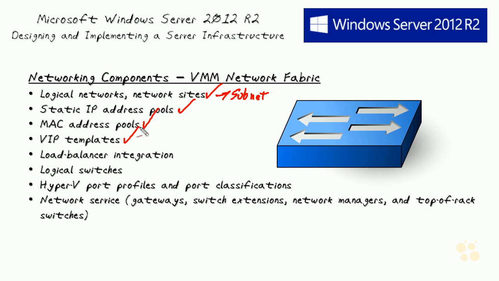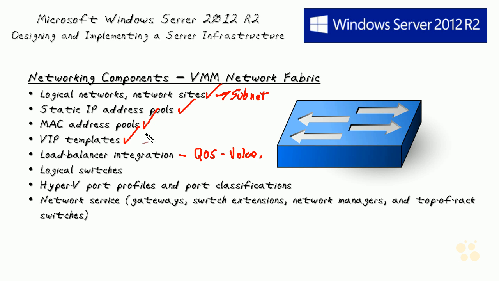Virtual IP templates. Virtual IP templates allow you to have a load balancer and a configuration setting for specific types of network traffic. For example, maybe you want to do QoS for voice traffic or video traffic, and you want to be able to handle that.